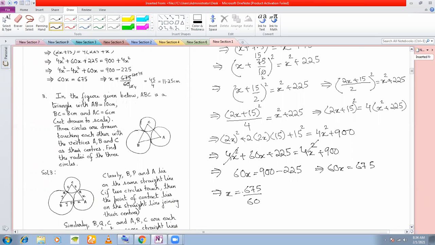Okay, so you can cancel with 5 first, and you can cancel with 3 also. So it is 45 by 4 centimeters, which comes to 11.25 centimeters. That's it.